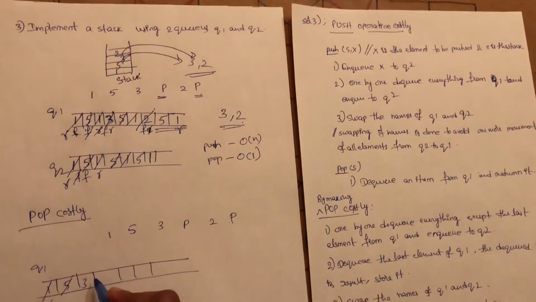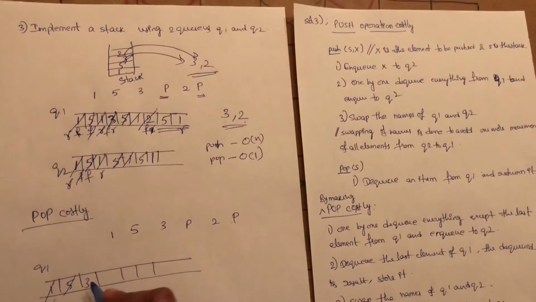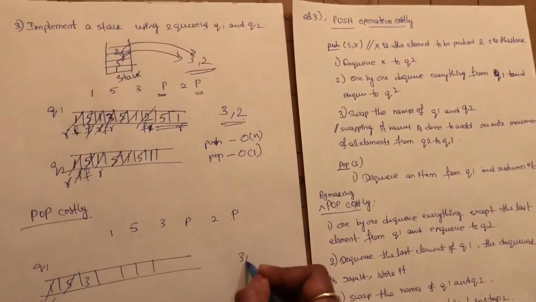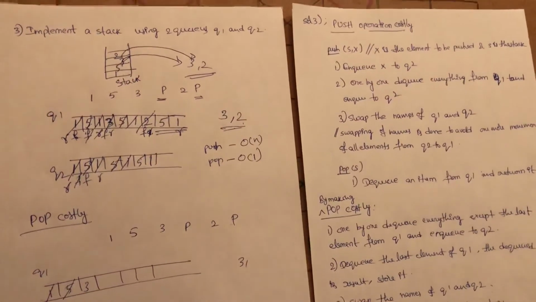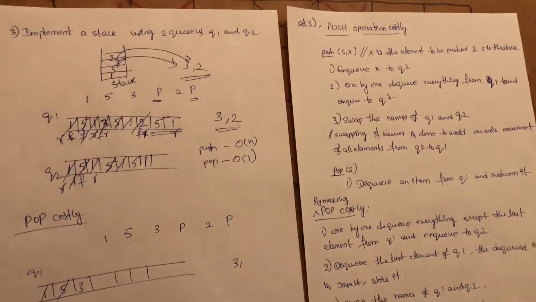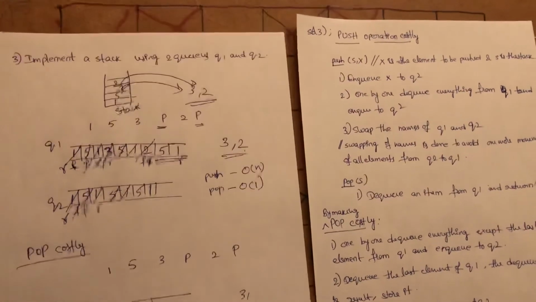We won't NQ the last element because we will print it. Instead of DQ, we will print this, and then we will NQ.